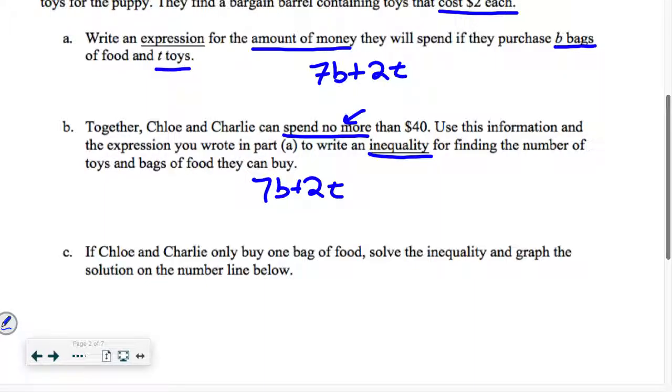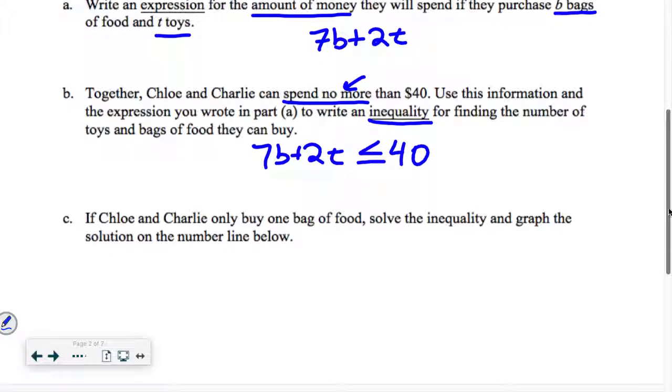The question I like to ask myself is, can I spend exactly $40? According to the language, yes, I could spend exactly $40. Can I spend more than $40? No, I cannot spend more than $40. Can I spend less than $40? Yes. So that's why we're going to use less than or equal to 40 as my inequality.